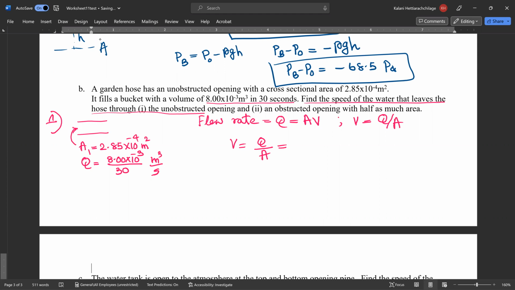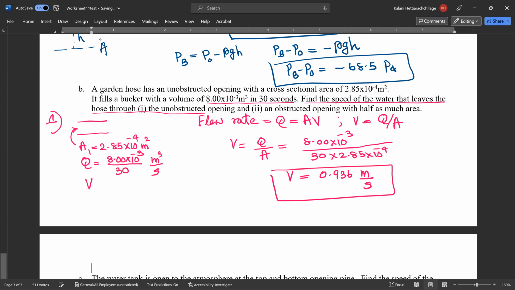You have all the information. 10^-3 divided by 30 is your Q, and also divide by the area, 2.85 × 10^-4. You are expecting units of meters per second, since meter cubed per second divided by meter squared leaves meters per second. So velocity will be equal to 0.936 meters per second.